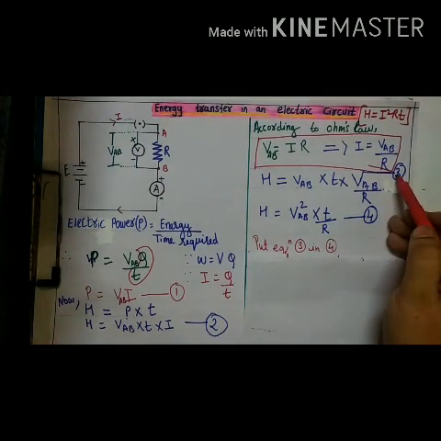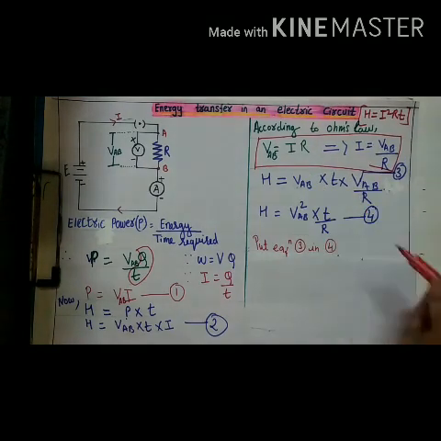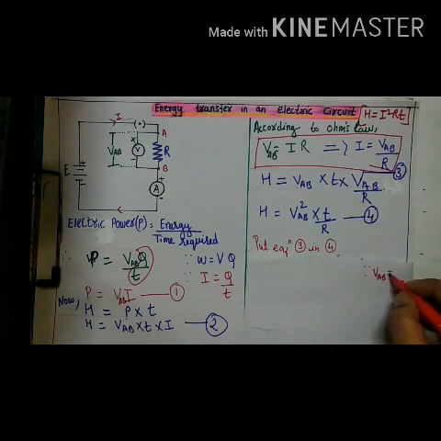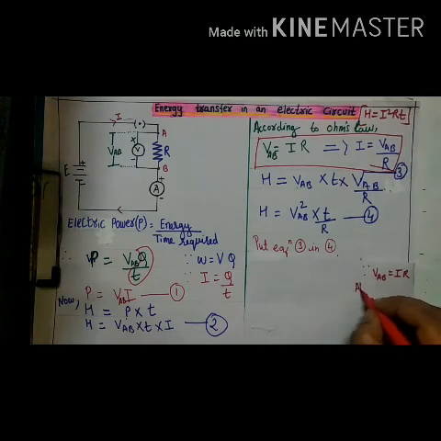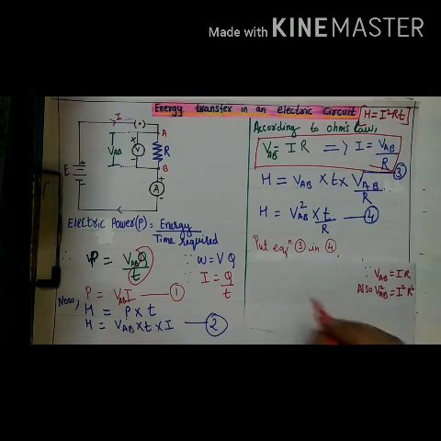Substituting in equation 4, since VAB = IR, also VAB² = I²R².